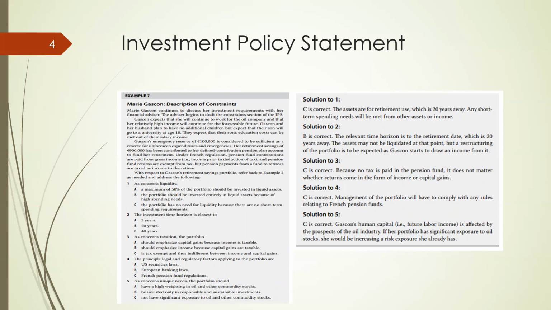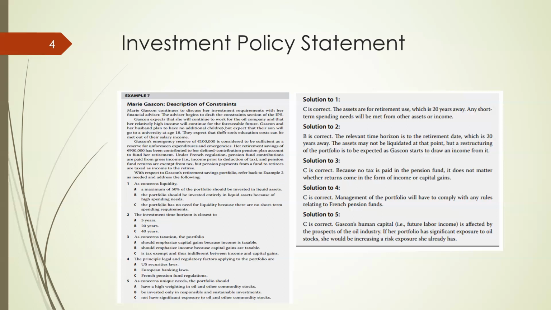Mary Gascon continues to discuss their investment requirements with her financial advisor. The advisor begins to draft the constraints section of the IPS. Okay, the constraint section. And Gascon expects that she'll continue to work for the oil company and that her relatively high income will continue for the foreseeable future. So she sees no liquidity problem from income in the foreseeable future.